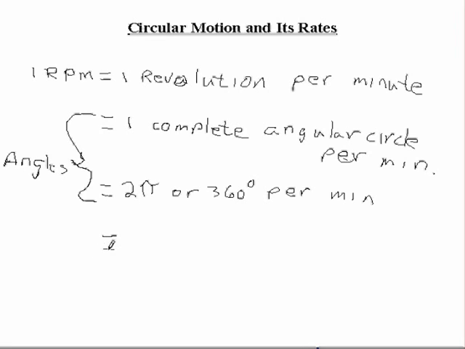What about linear? Well, linear things are measured in inches, feet, yards, and as we mentioned before, if you're looking at a wheel, for instance, as it rotates 1 complete circle, every point on that wheel, on that tire, touches the ground. So 1 revolution would be the same as 1 circumference per minute.